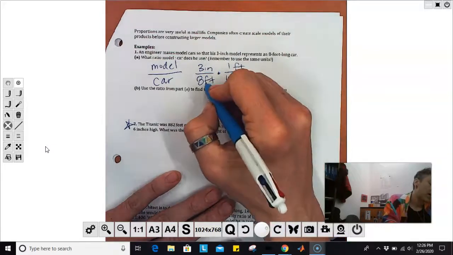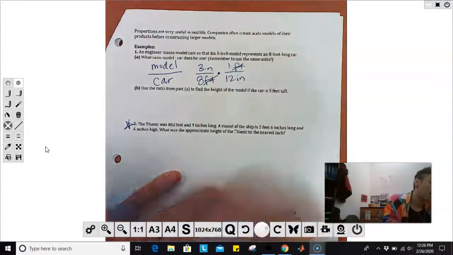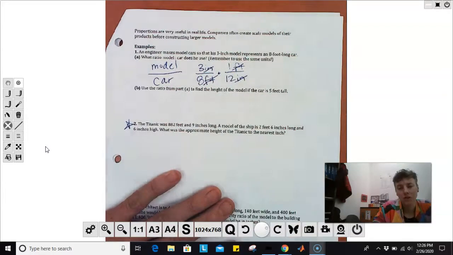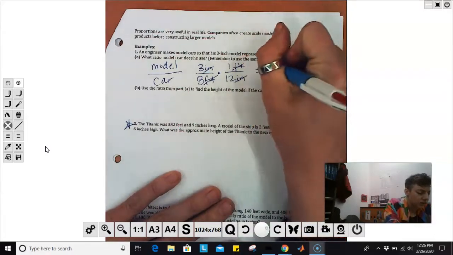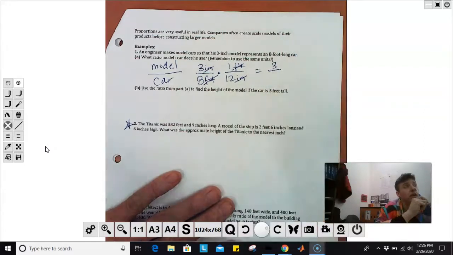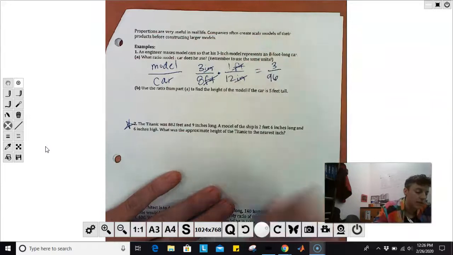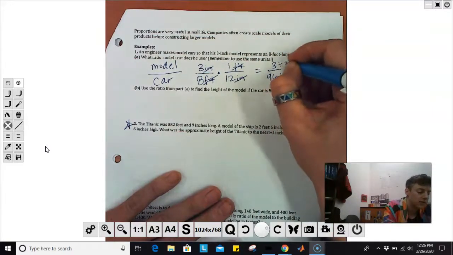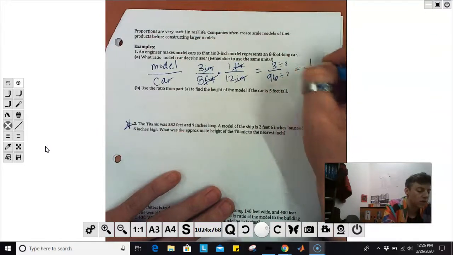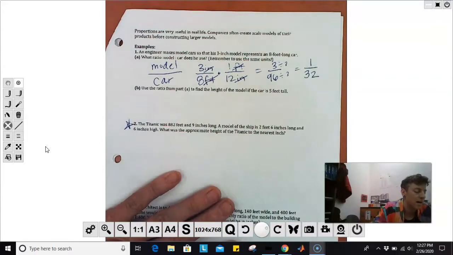Our feet cancel, our inches cancel, and we have no more units, which is what we want. Multiply straight across, and we get 3 over 8 times 12, which is 96. Then we can divide both of these numbers by 3, and we get 1 over 32. So his model to car ratio is 1 to 32.